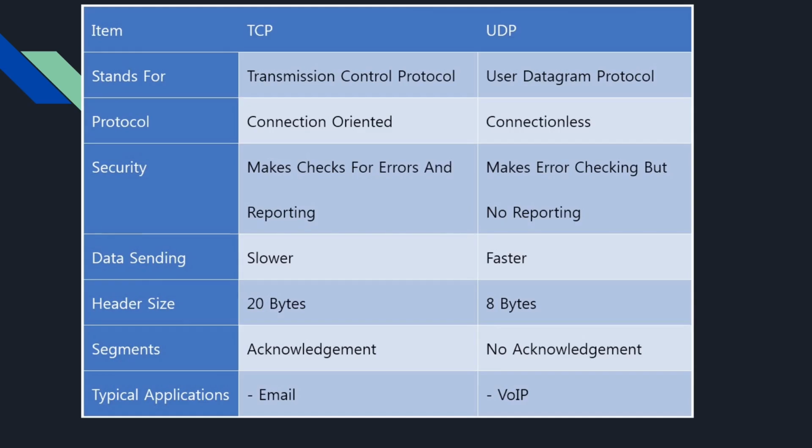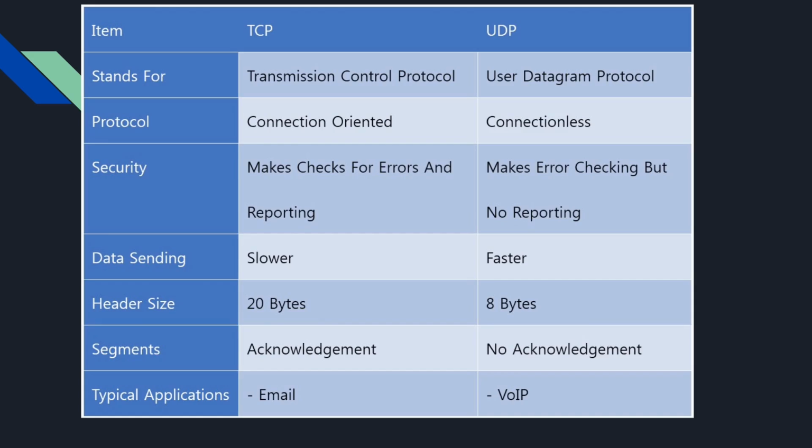You can see this diagram, the difference between TCP and UDP. As you can see, the header size, so the amount of data being sent in TCP, is way bigger than in UDP. The speed is astronomically different, and it's used for various different protocols.